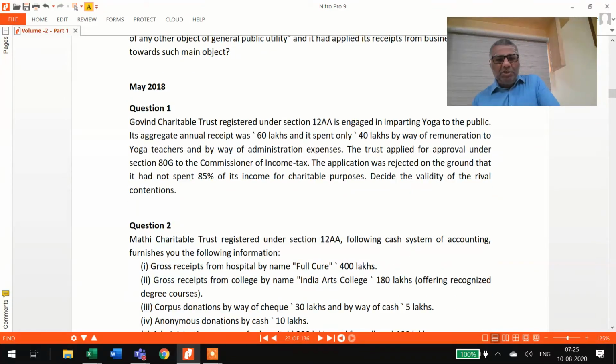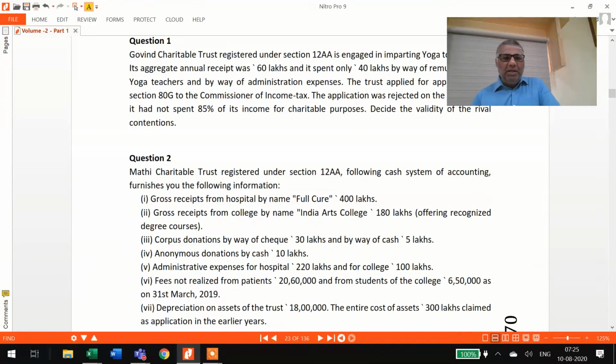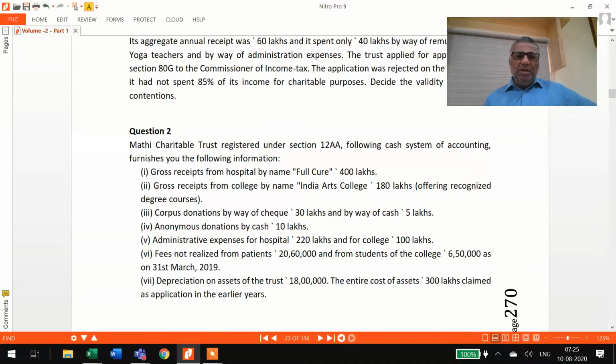May 18 is also yoga. We'll go to the second question of May 18. Mati Charitable Trust registered following cash system of accounting. This wording is important to you because here income accrued but not received, they would not have accounted it.